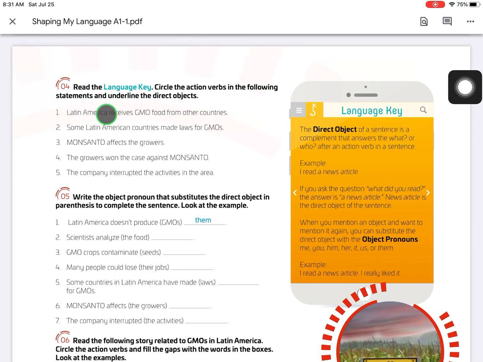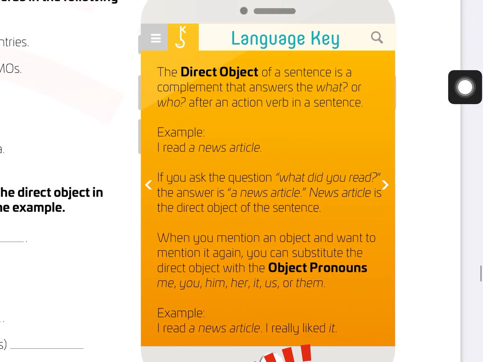So you are going to circle, like make a circle around, the action verbs, the words that express an action. And underline, make a little line below the words that you consider direct objects, so that we are going to clarify this.